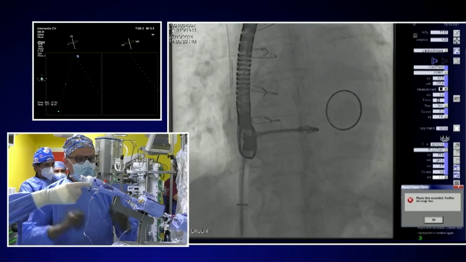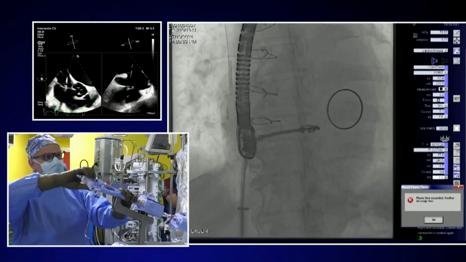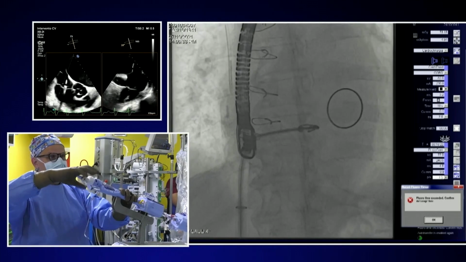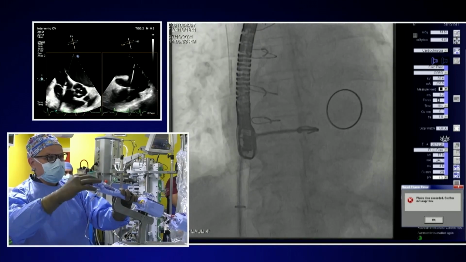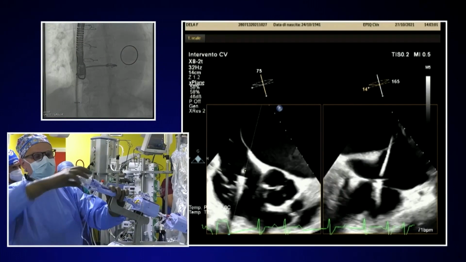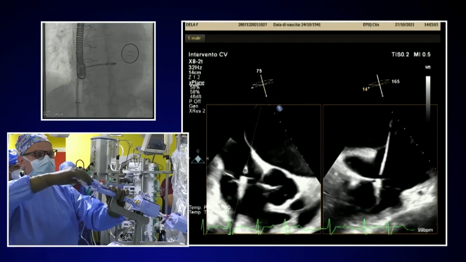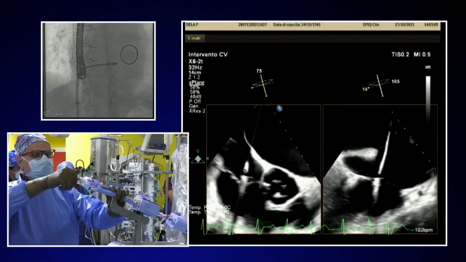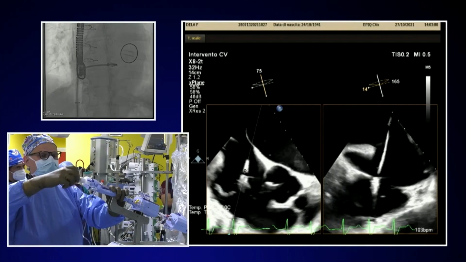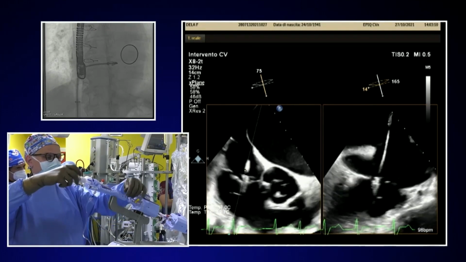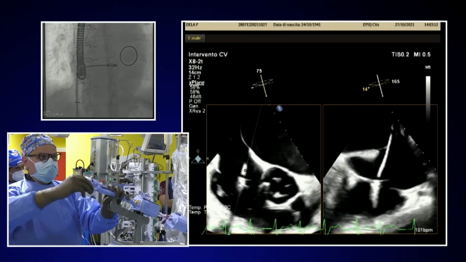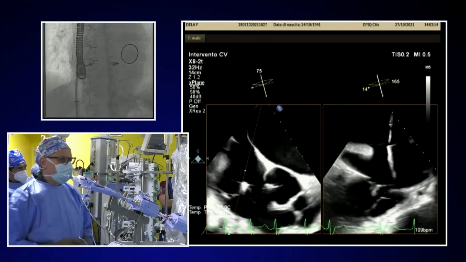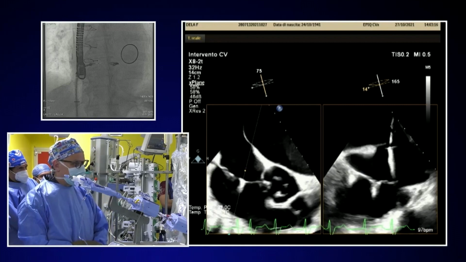So we'll check if the final arm angle is stable, which is the case. As usual, it's releasing a bit of tension. And the clip is released.